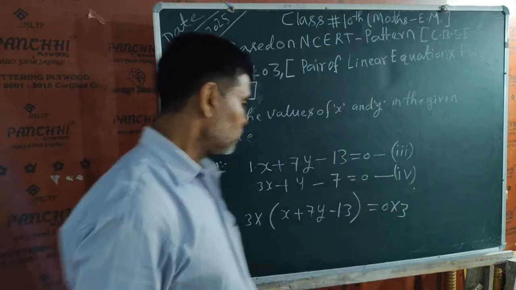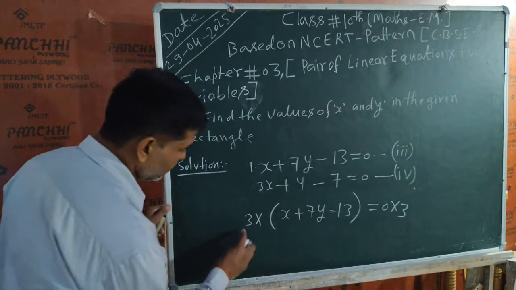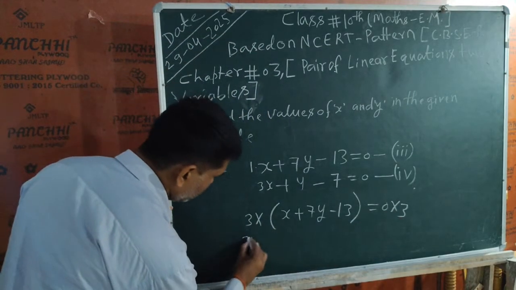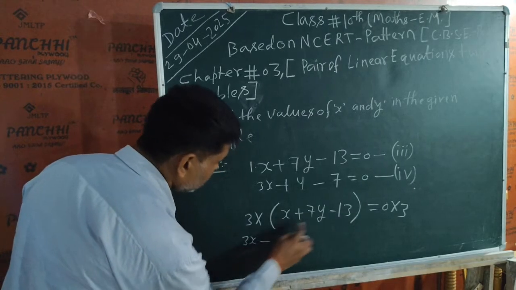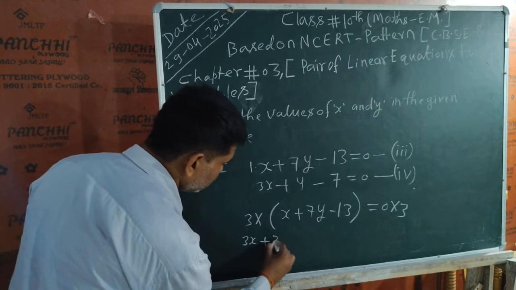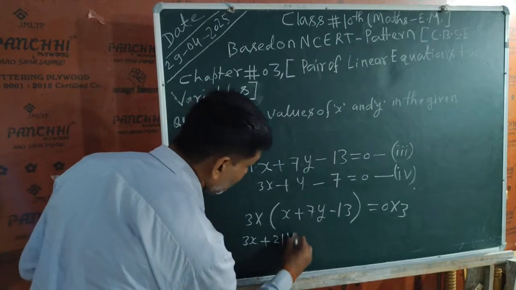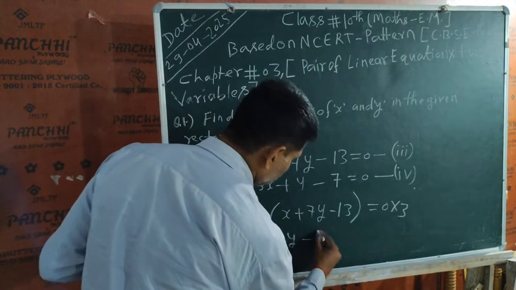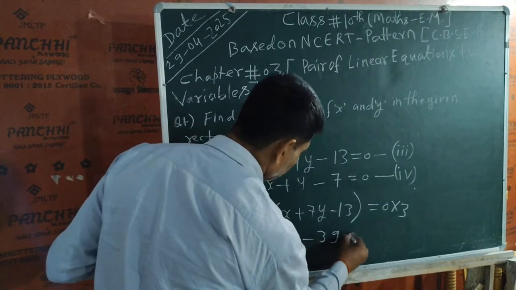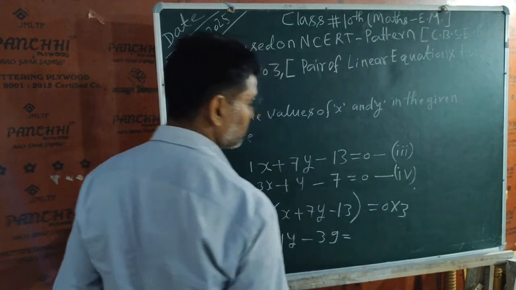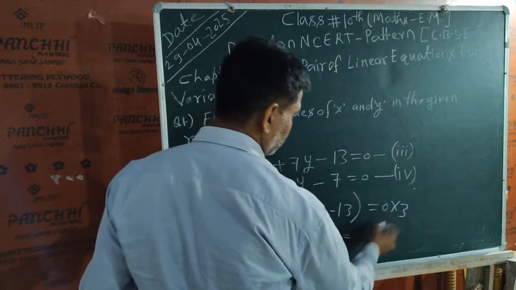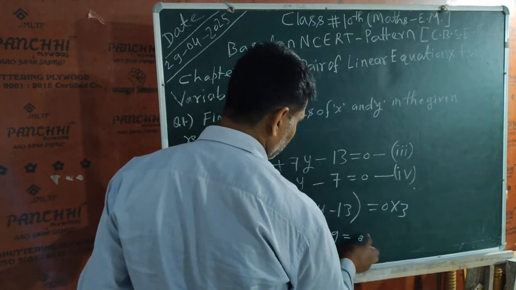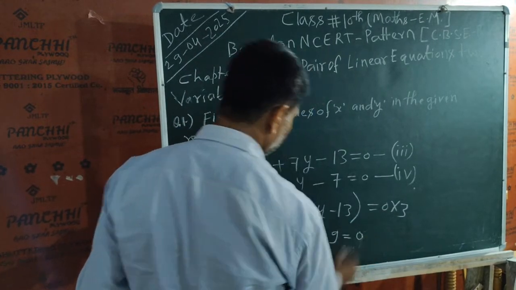After multiplication, 3 into x is 3x, 7 into 3 is 21y, and 13 into 3 is 39, which is equal to 0, because any number multiplied with 0 becomes 0.